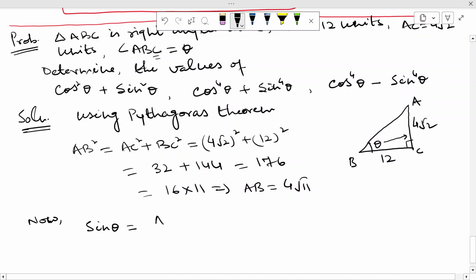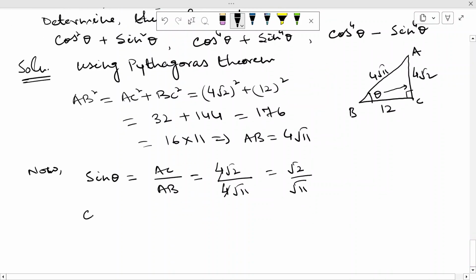So, that is AC over the hypotenuse AB. So, this gives us AC, which is 4 square root of 2, divided by AB, which is 4 root 11. So, from here we obtain this as root 2 over root 11.